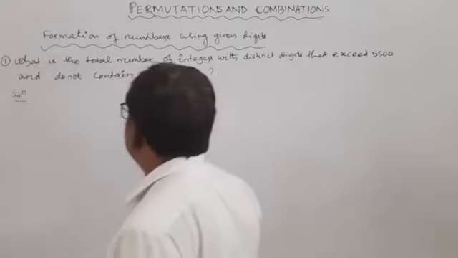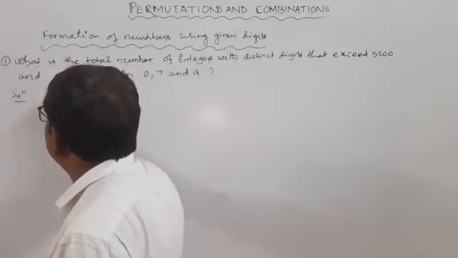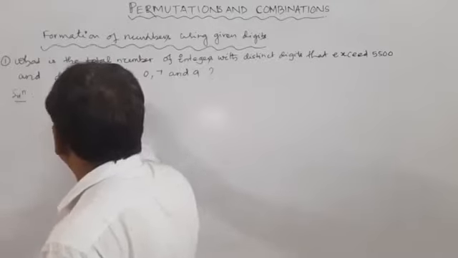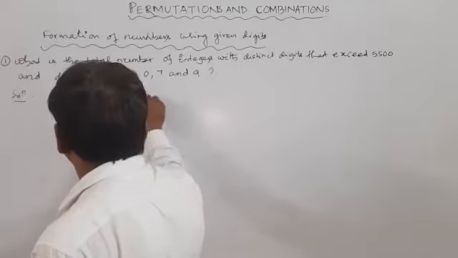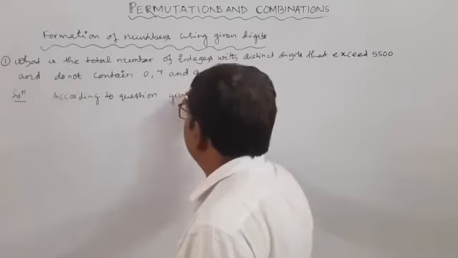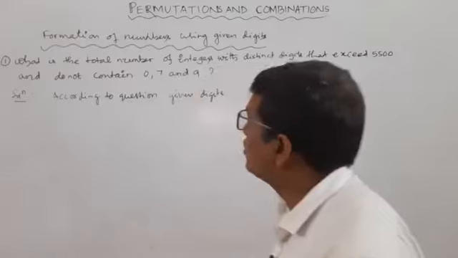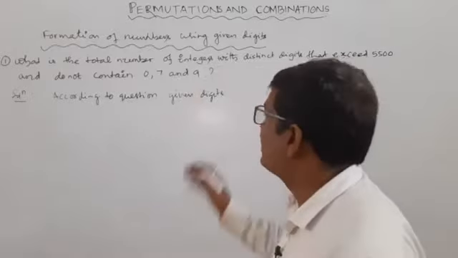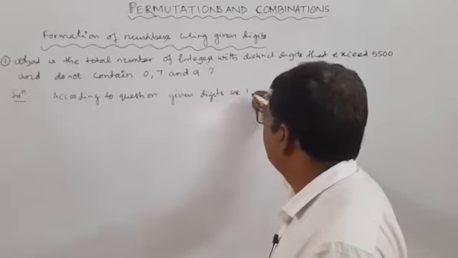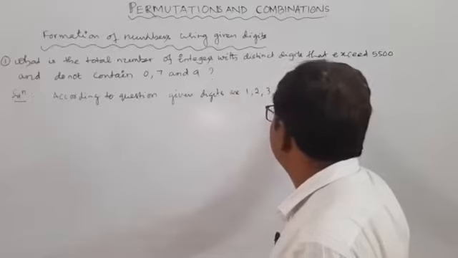Solution: the numbers do not contain 0, 7, 9. That means the given digits are 1, 2, 3, 4, 5, 6, 8.